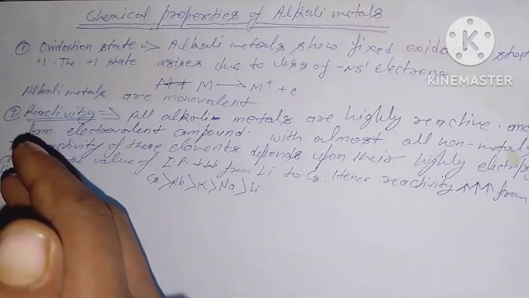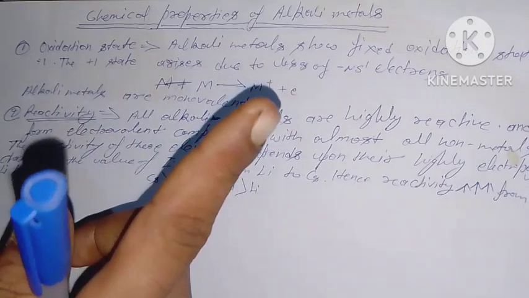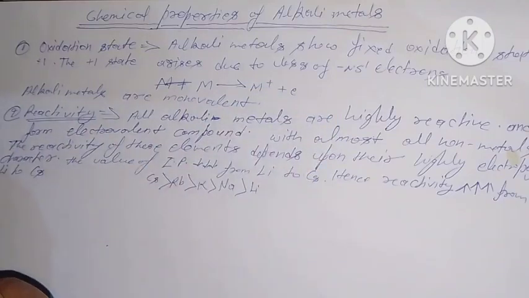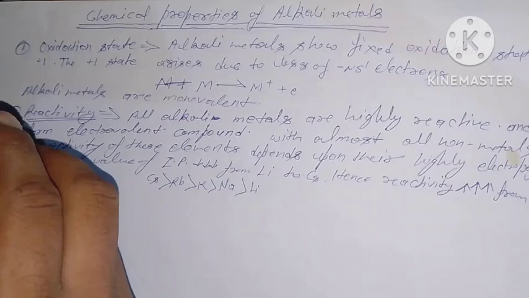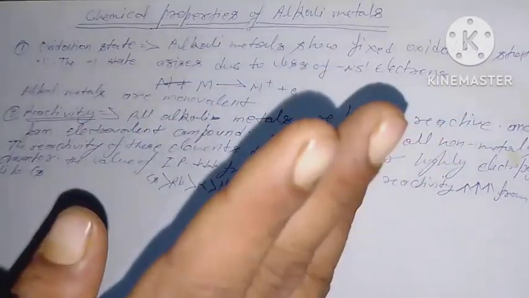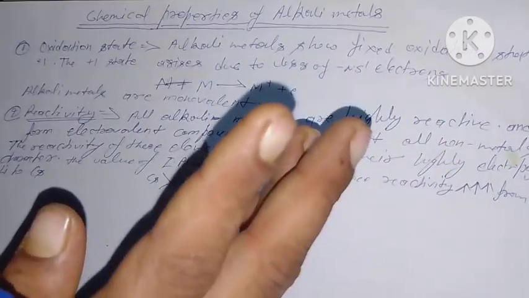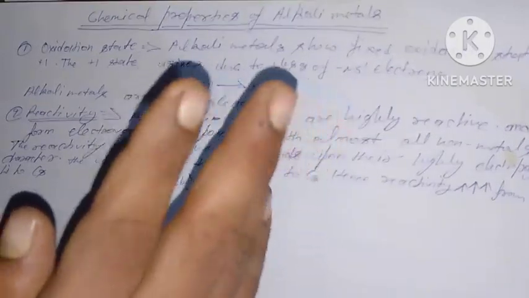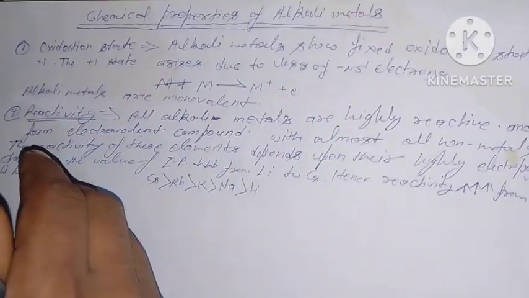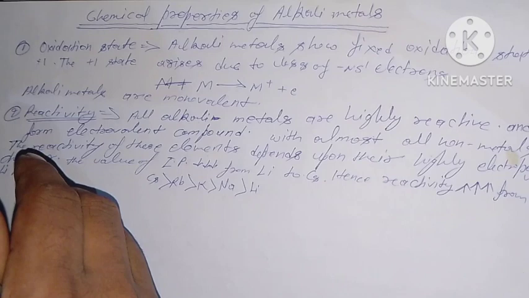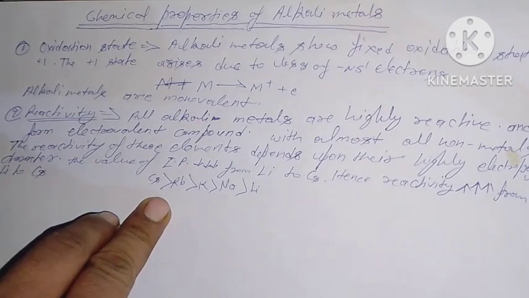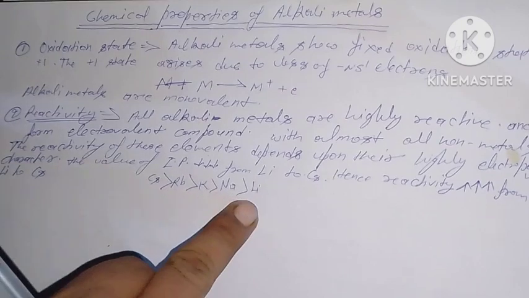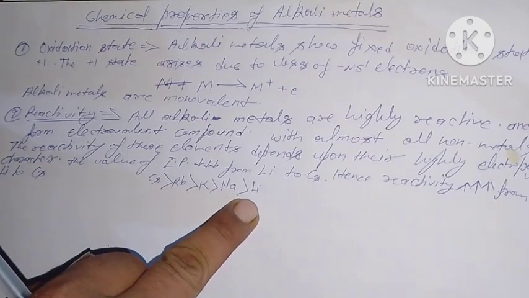The reactivity of these elements depends upon their highly electropositive character. As we know, the value of ionization potential decreases from lithium to cesium, so reactivity increases from lithium to cesium. The reactivity of cesium is very high as compared to the reactivity of lithium.